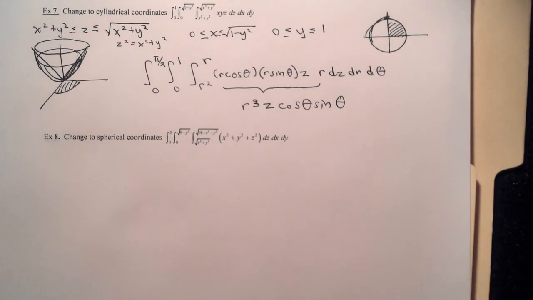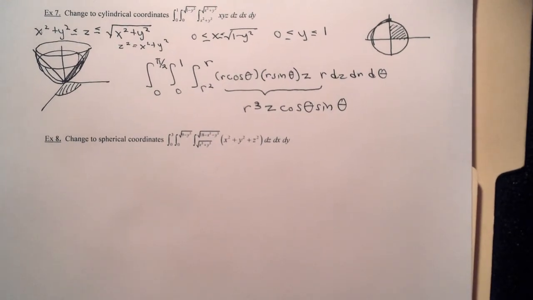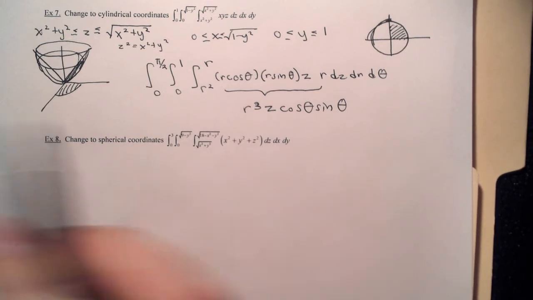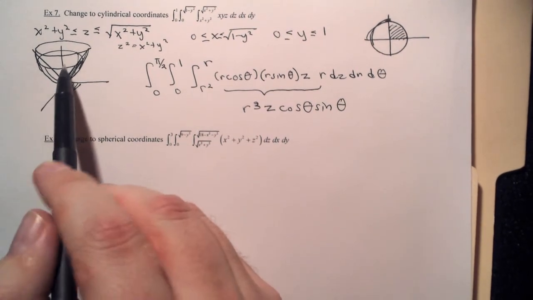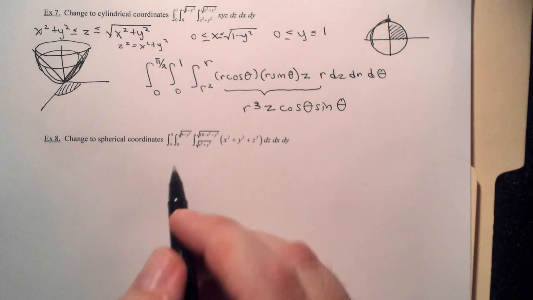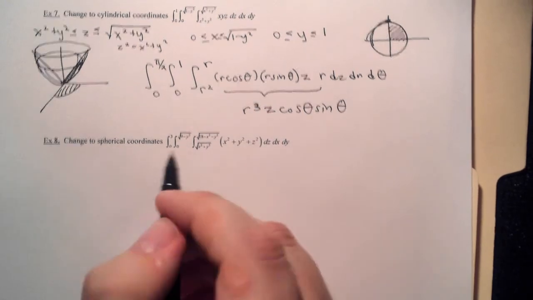Let's change to spherical coordinates. Here, I have all of these things. In this one I tried to build it from the surfaces down. What if we tried the opposite order? What if we thought about what each of these things are?